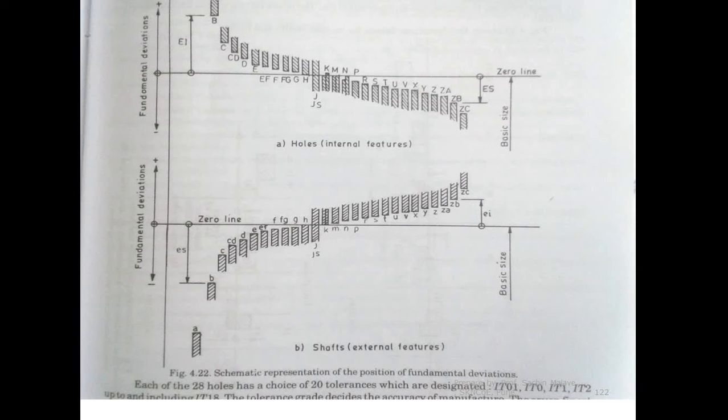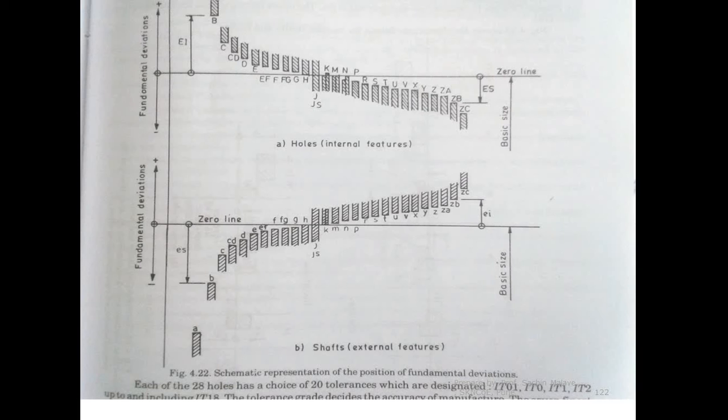This distance is 0 in the case of the H type of the shaft. You can see this line is overlapping this basic line. That's why the difference between the maximum size of the shaft and the basic size is 0. That's why it is a shaft with 0 deviation.